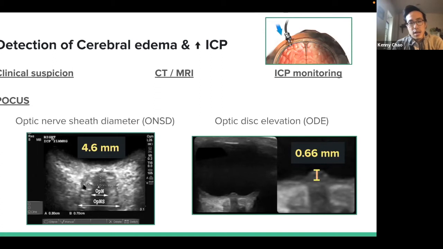It hasn't been really validated yet. Even in adults, a normal number is usually below 5, but between 5 and 6 millimeters, it's somewhat equivocal. And you really suspect it if it's greater than 6. But for children, it hasn't really been validated what the normal is.